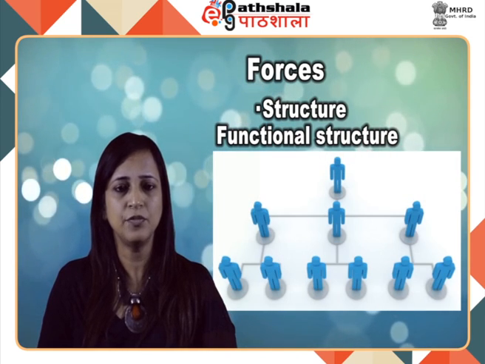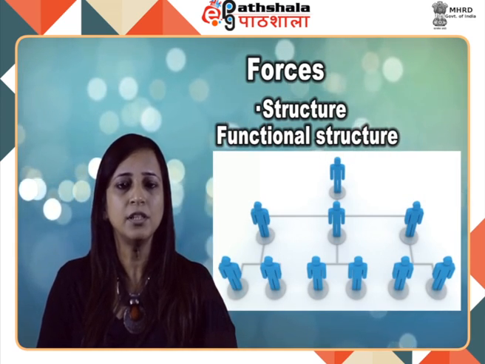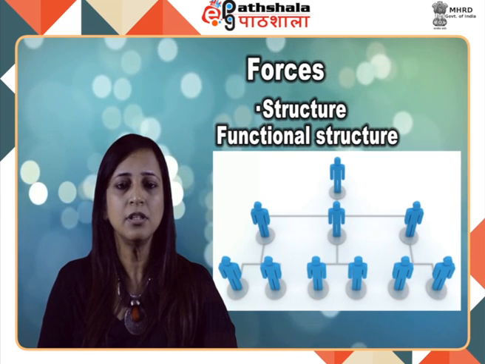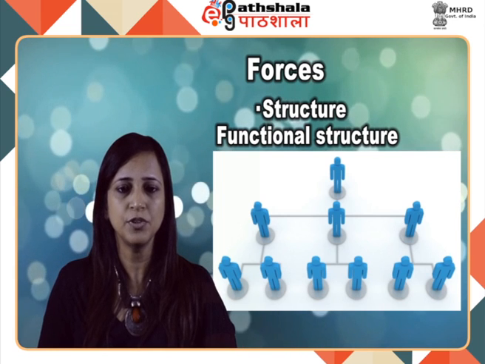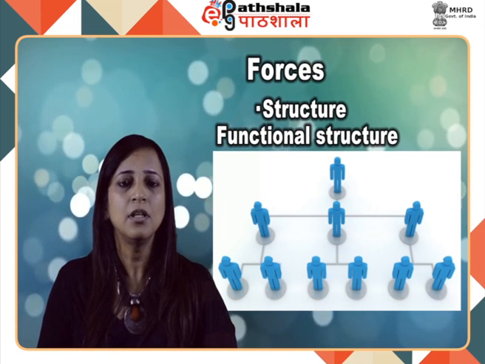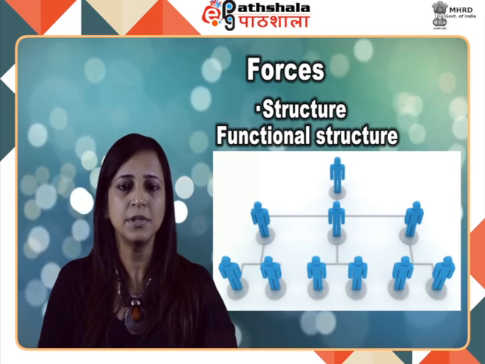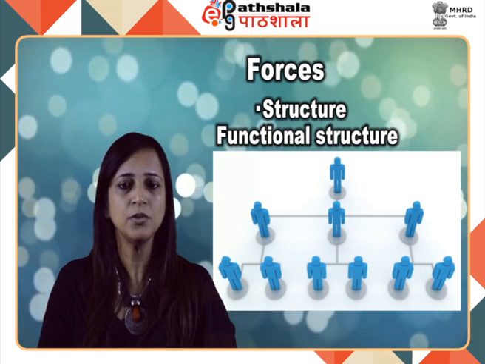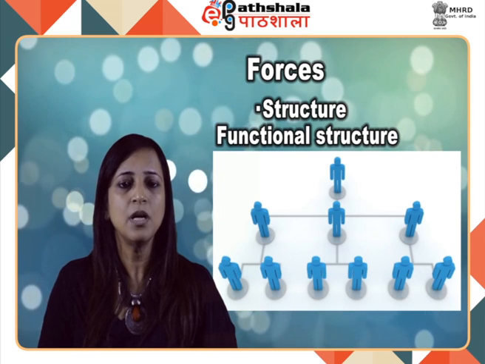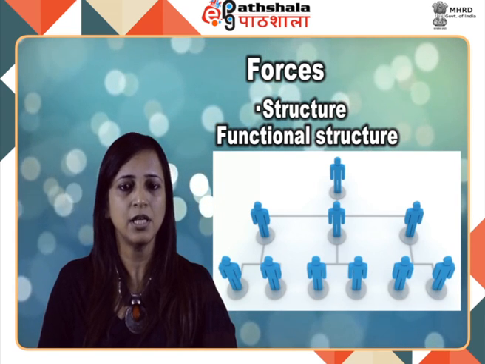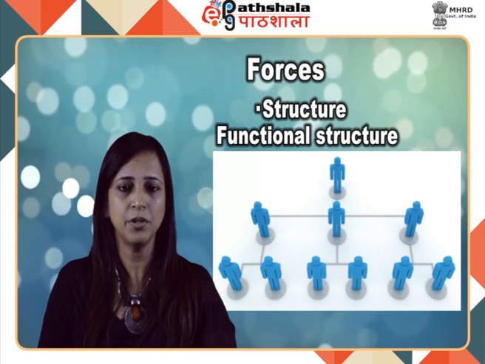The fourth type is the functional structure. A functional organizational structure is a structure that consists of activities such as coordination, supervision, and task allocation. The organizational structure determines how the organization performs or operates. The term organizational structure refers to how the people in an organization are grouped and to whom they report.